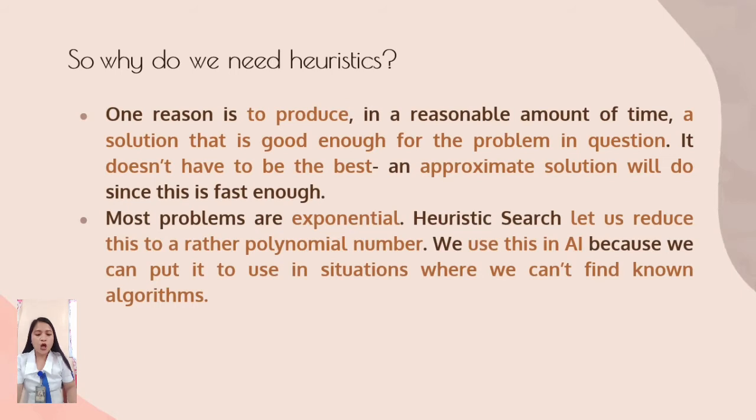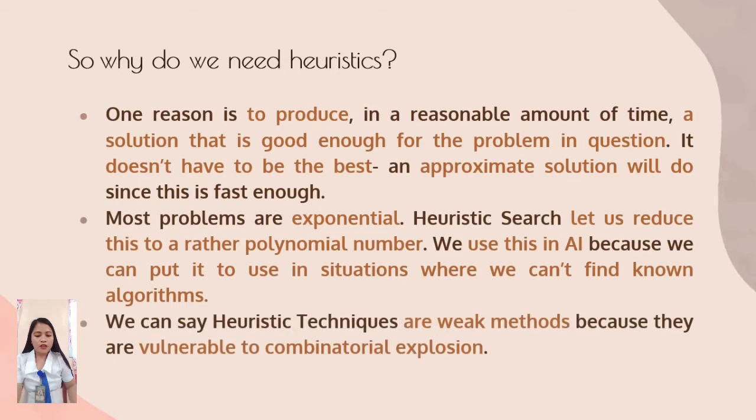We use this in artificial intelligence because we can put it to use in situations where we can't find known algorithms. We can say heuristic techniques are weak methods because they are vulnerable to combinatorial explosion.